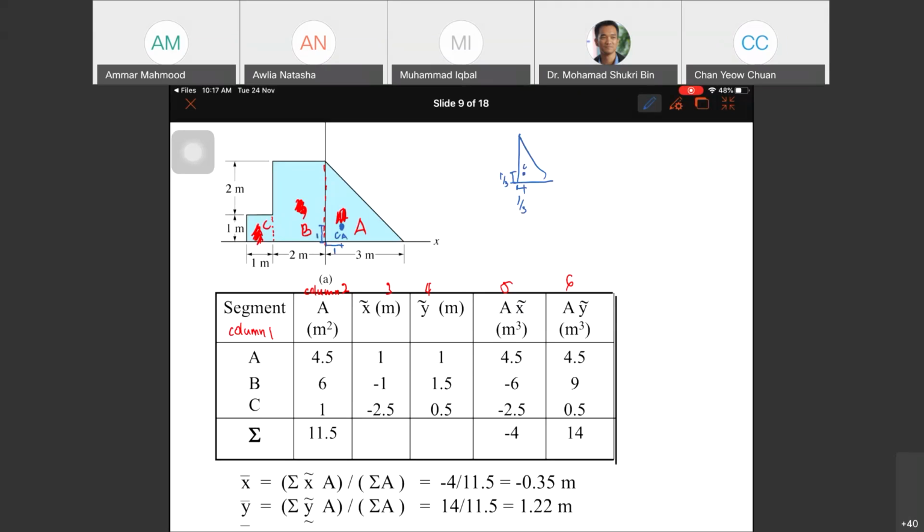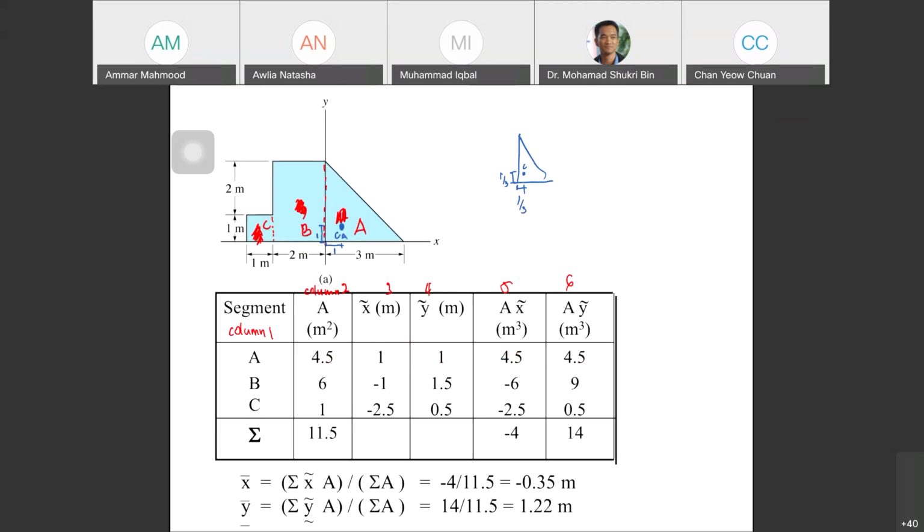That's why we have 1 and also 1 here. So A times x, just multiply 4.5 times 1. This is similar, 4.5 times 1.